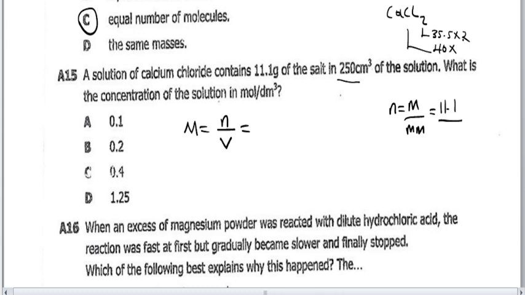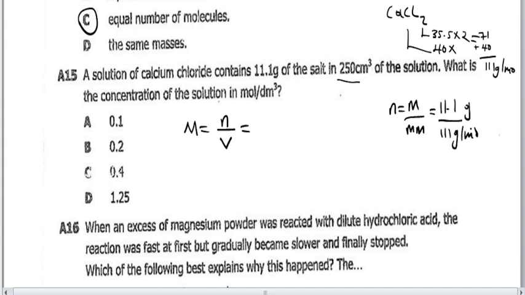So 35.5 multiplied by 2 atoms gives us 71, then we add 40, which will give us 111. So we'll get 111 grams per mole. So that is the molar mass.